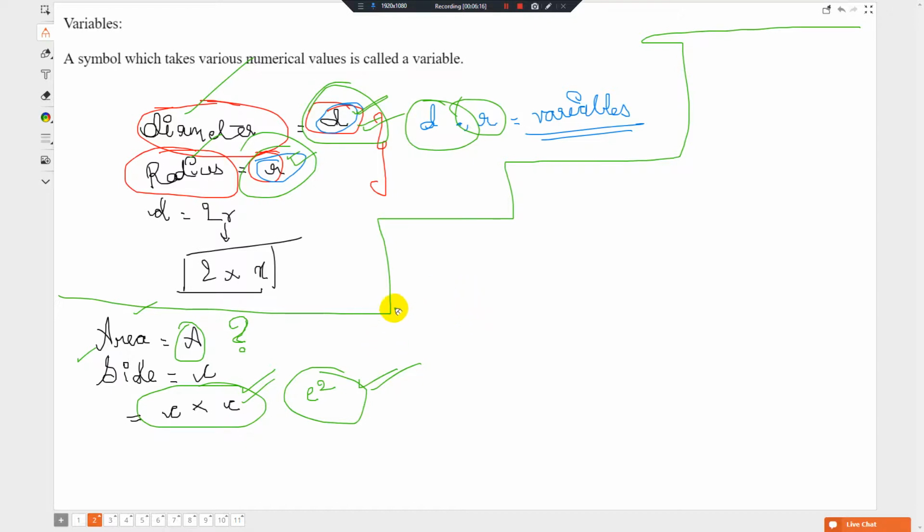Let me take one more example, which is very common in maths. We know perimeter. In this, P denotes the perimeter.